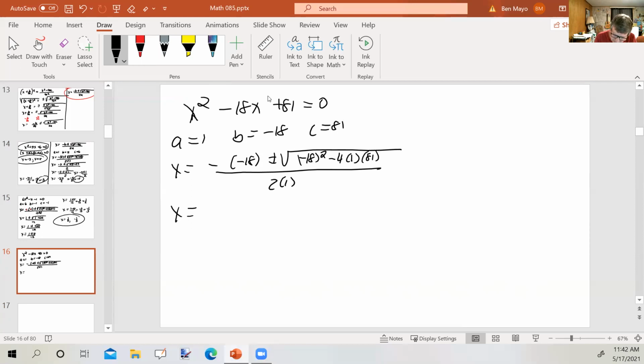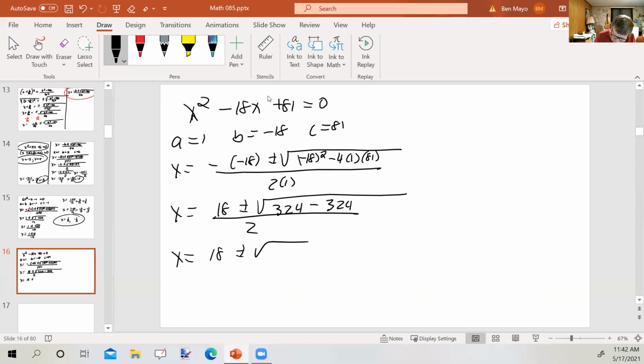X equals, negative times negative is positive, 18 plus or minus the square root of, let's see, -18 times -18 is going to be positive 324. And then minus 4 times 1 times 81 is also a minus 324 all over 2 times 1, or 2. So x equals 18 plus or minus the square root of 0 over 2.